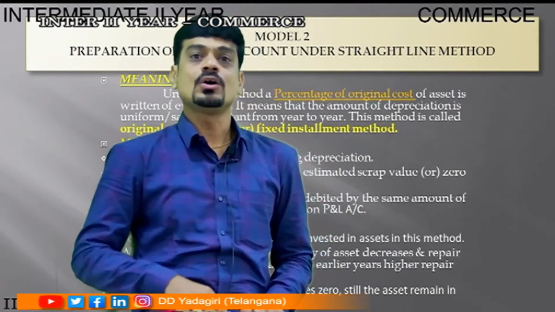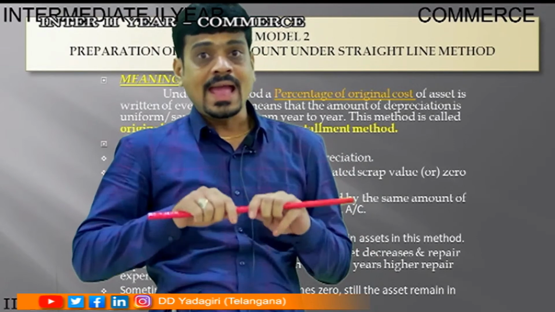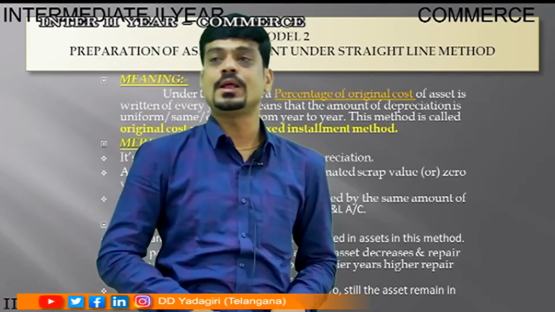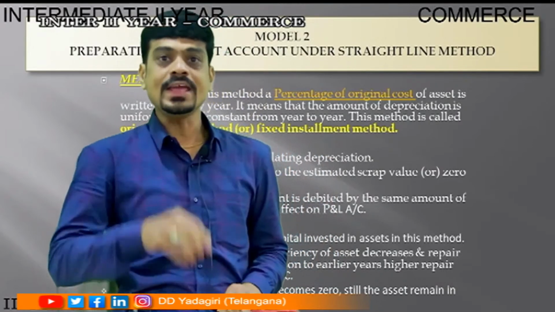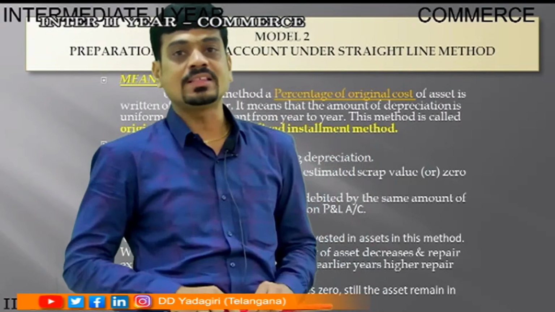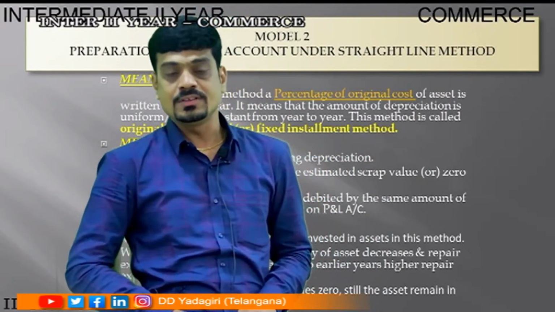And there we saw how to calculate depreciation also, along with different methods of charging depreciation. So today, we are going to focus on the basic two methods prescribed by the Board of Intermediate for your syllabus.